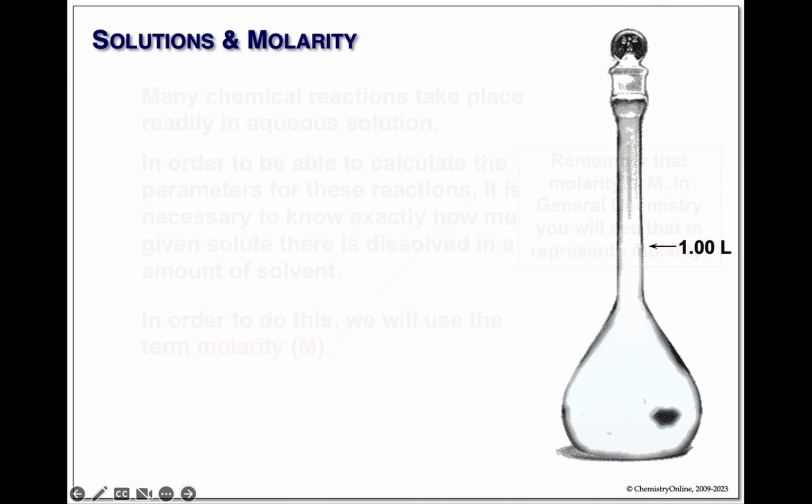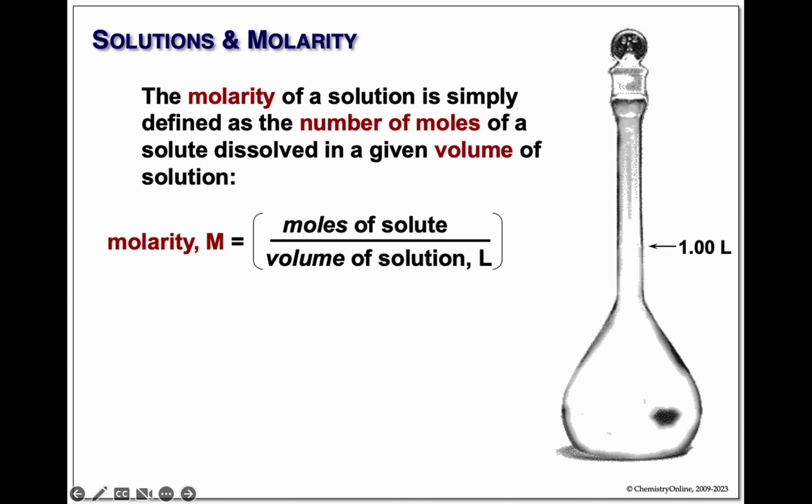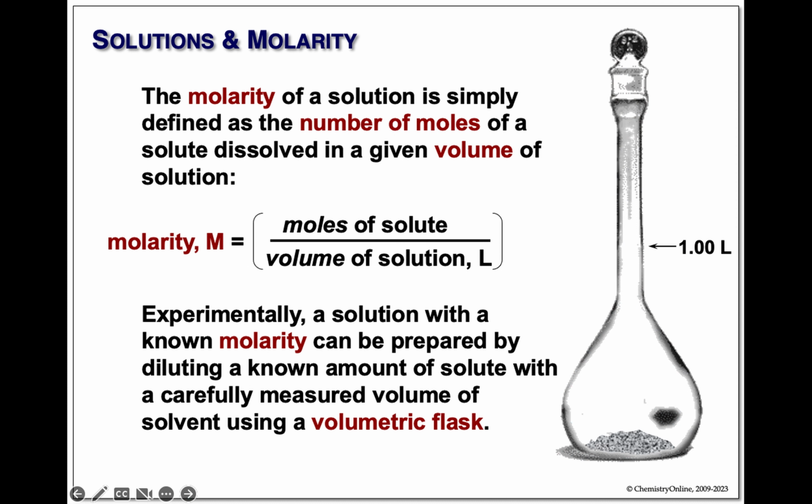To do this experimentally, moles of solute, volume of our solution in liters. Here's our volumetric flask. What we're going to do is take our flask, we will take our solute, we will weigh it. Once we know the mass, we know exactly how many moles we have, right? So we know how many moles, and we will add that to our flask.